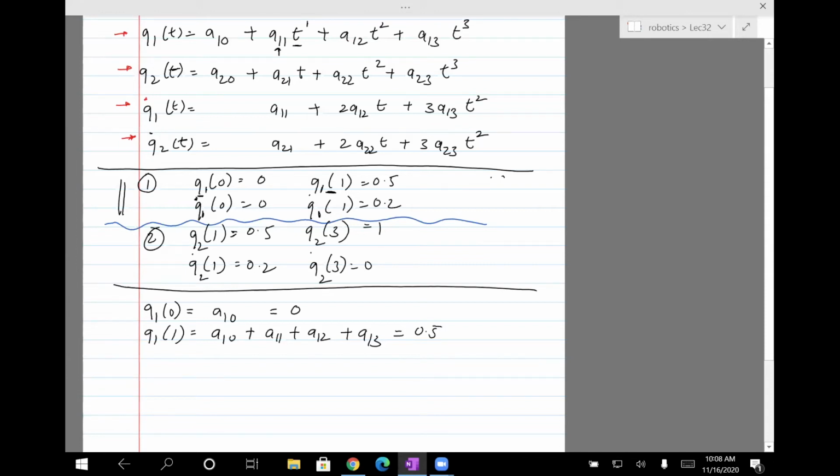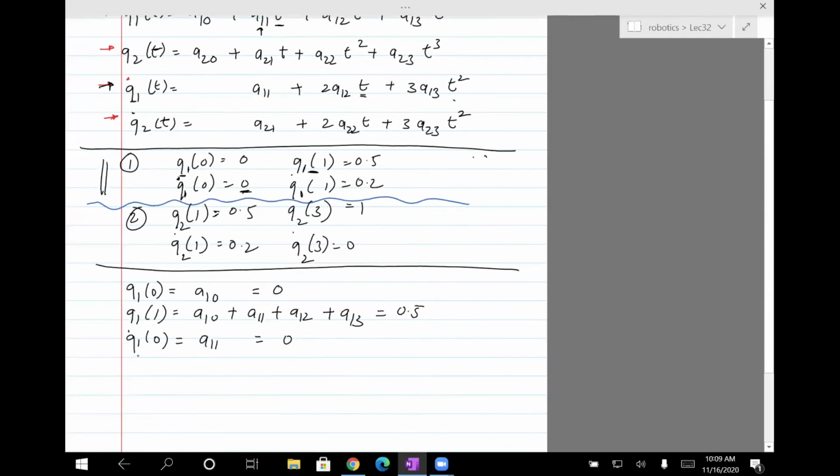Let's move on to velocities. I have the velocity formula down here. So q1 dot at t equals 0: since time is 0, we have a11 plus everything else is 0, so a11 equals 0. Finally, we have q1 dot at time t equals 1.